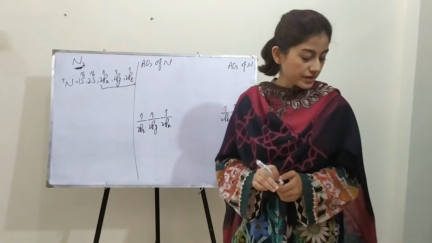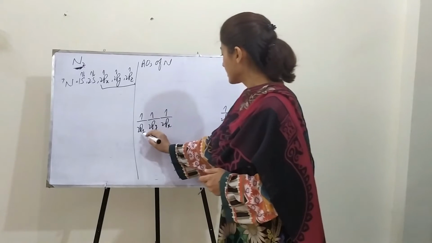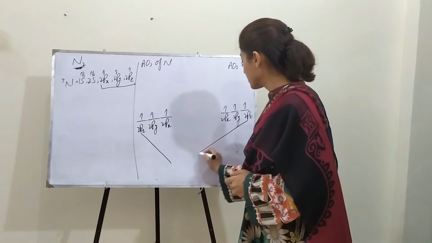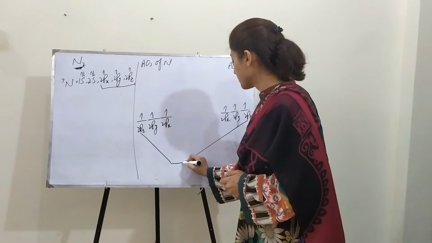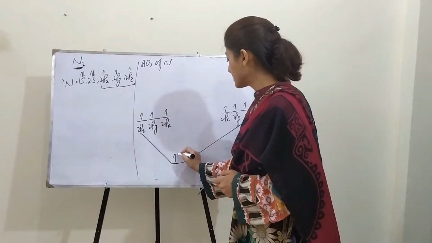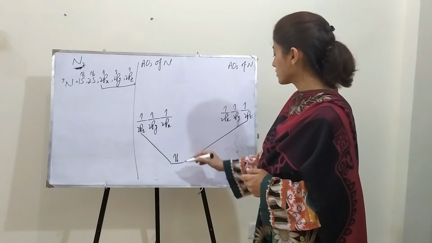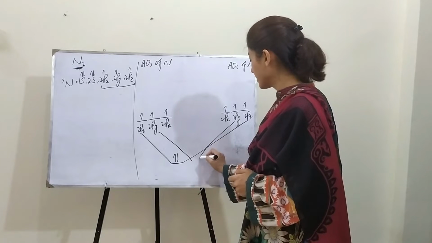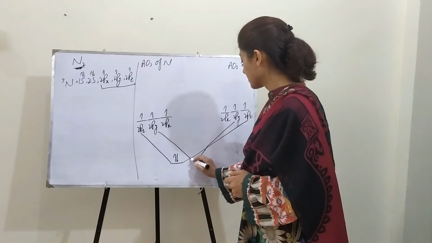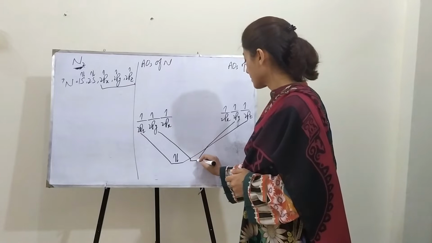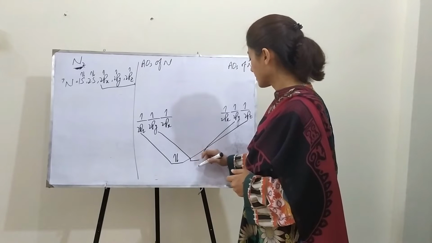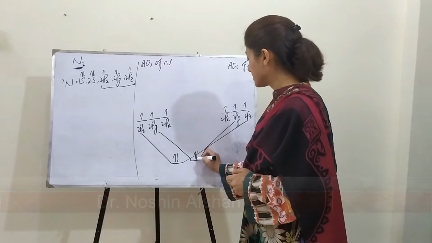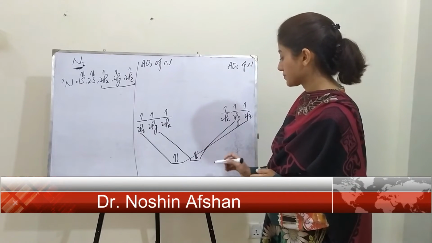Now the important point is that the z would overlap with the z to give a bonding molecular orbital. It would have the 2 electrons. Then 2py would overlap with 2py. It is also filled with 2 electrons over here.